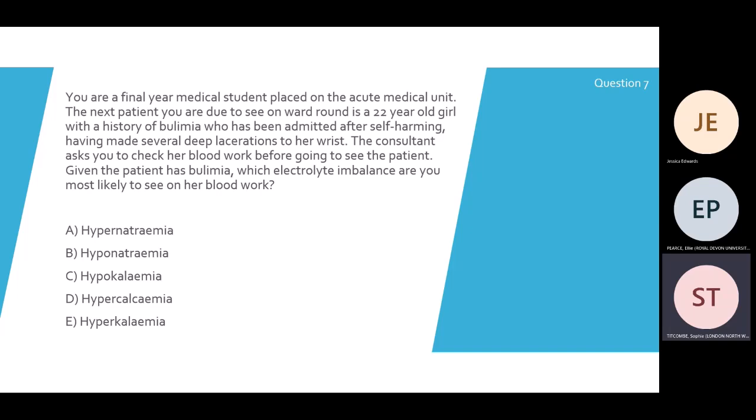Given the patient has bulimia, which electrolyte imbalance are you most likely to see on her blood work? Hyponatremia, hypernatremia, hypokalemia, hypercalcemia, or hyperkalemia. And the correct answer to this question is C, hypokalemia.